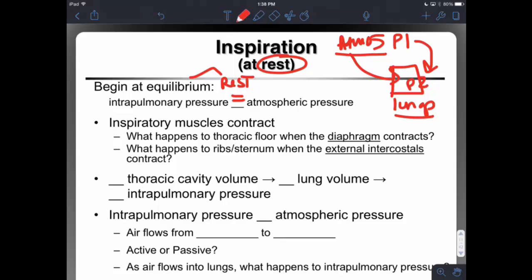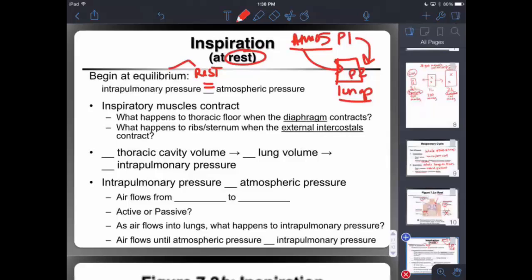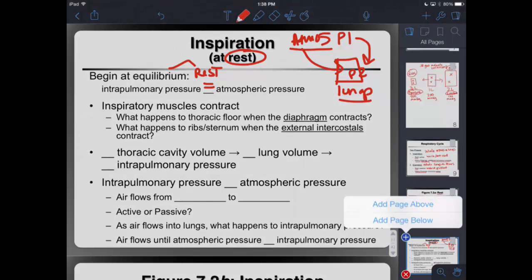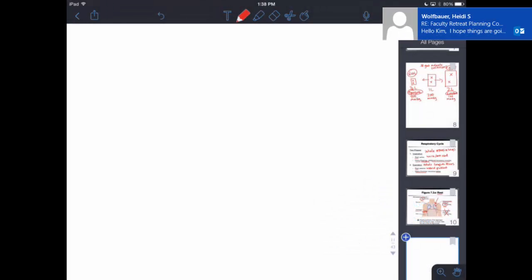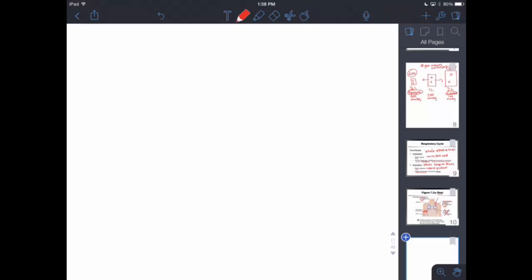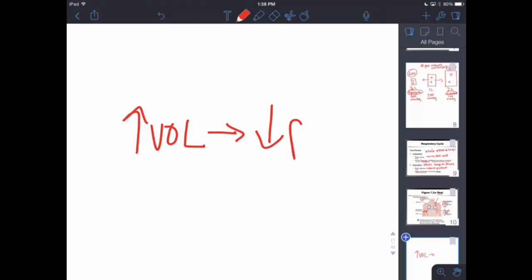And remember what Boyle said: if we increase volume, we will decrease the pressure.